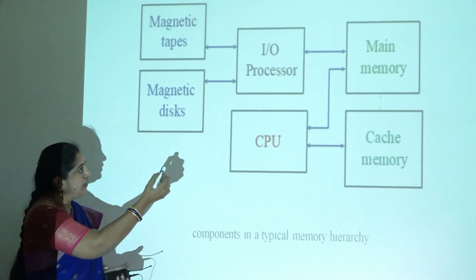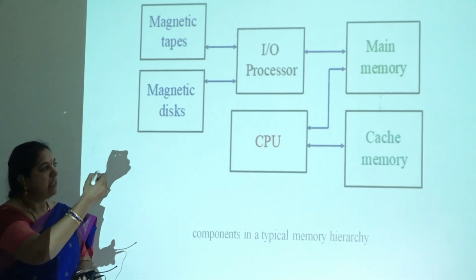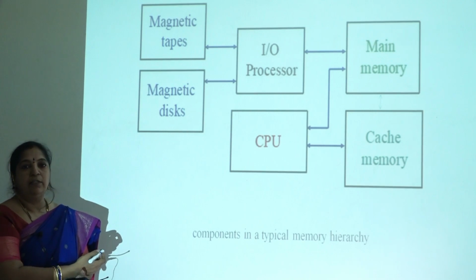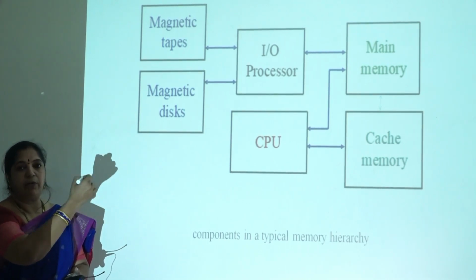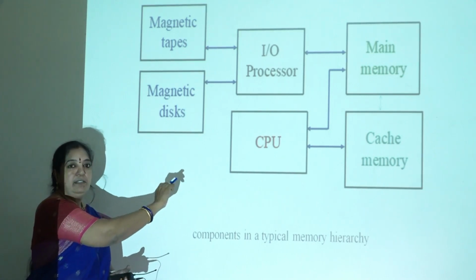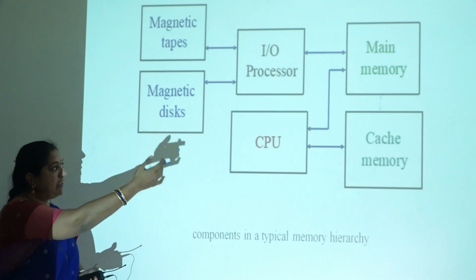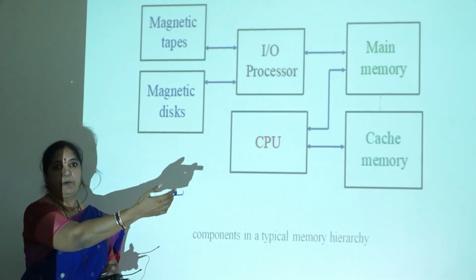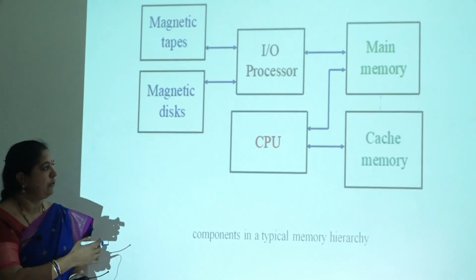It will give the instruction to the IO processor to load the information required for continuing the execution, and meanwhile the CPU will not be idle. The processor will be allocated to some other program or process in the queue which is to be executed next.